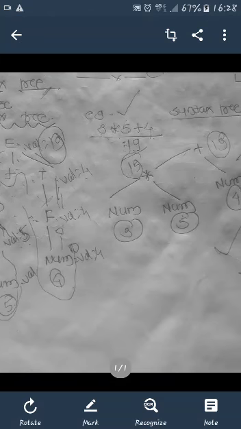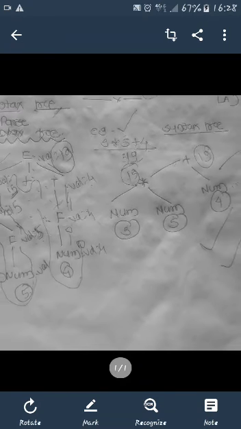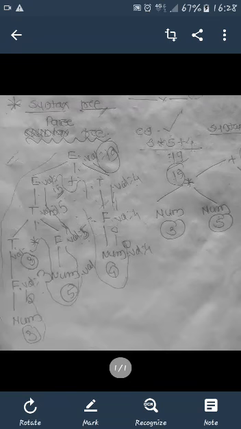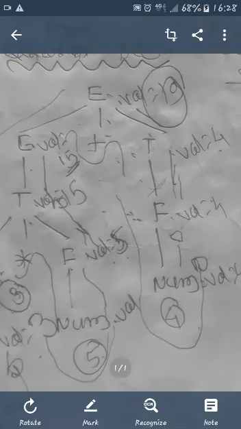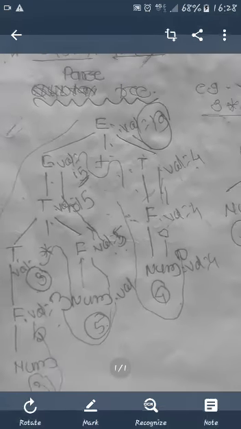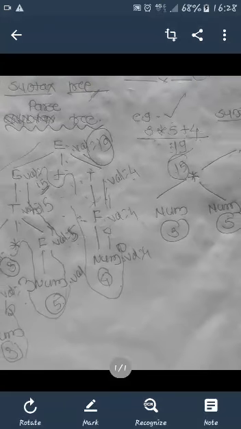Just like number into number: number is given to F, F is given to T, and number is given to F. So here we have number into number, and the detailing is available as we know.